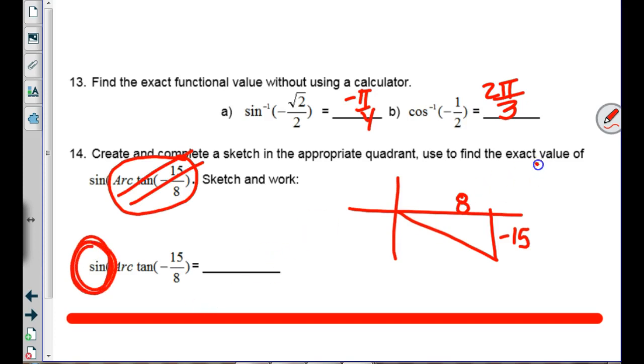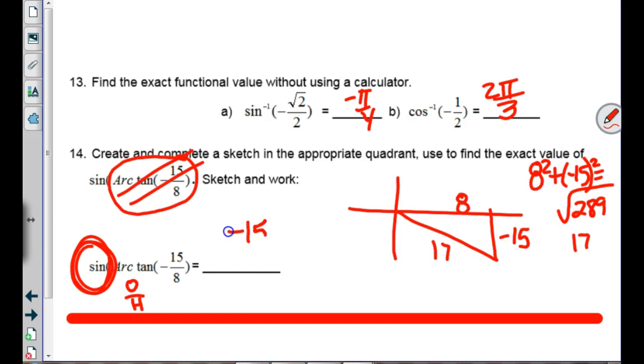So I have to do Pythagorean theorem. 289 maybe? Which is 17. And then the sine would be what? Opposite over hypotenuse, or y over r, negative 15 over 17. Everybody okay?